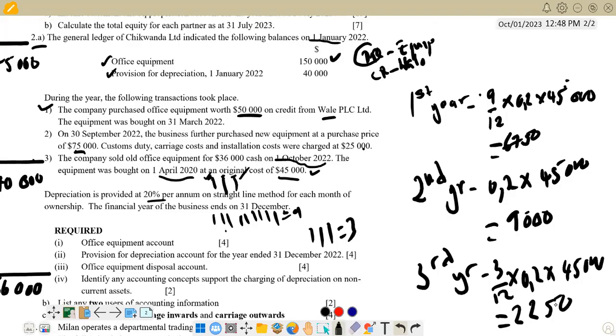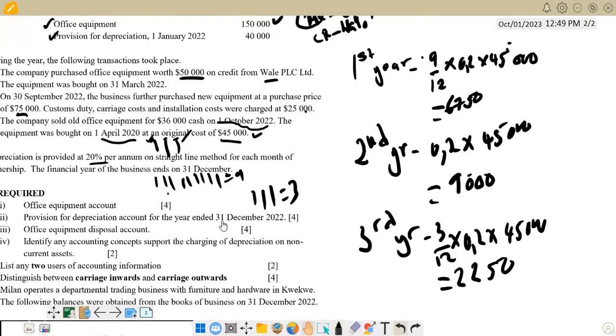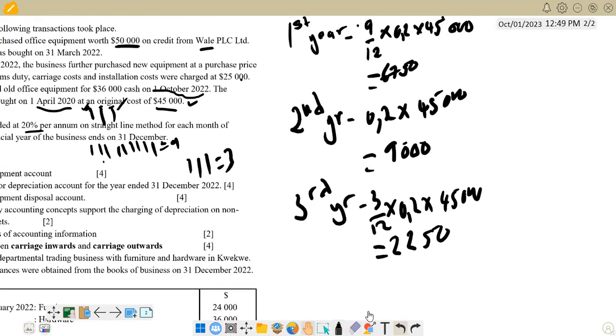Now for the whole period that it stayed, we are going to add those figures and see the total: 6,750 plus 9,000 plus 2,250.